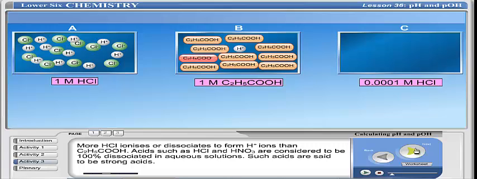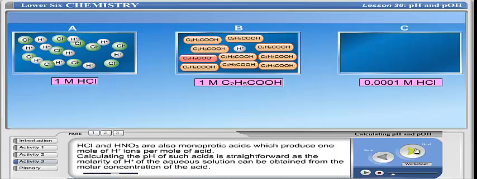More HCl ionizes or dissociates to form H plus ions than acetic acid C2H5COOH. Acids such as HCl and HNO3 are considered to be 100% dissociated in aqueous solutions. Such acids are said to be strong acids.